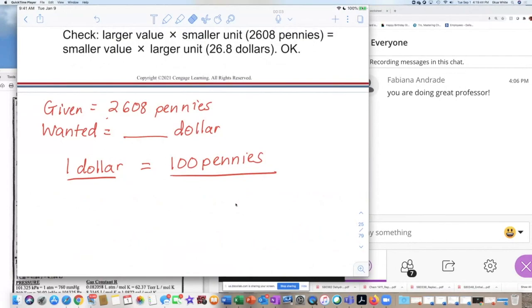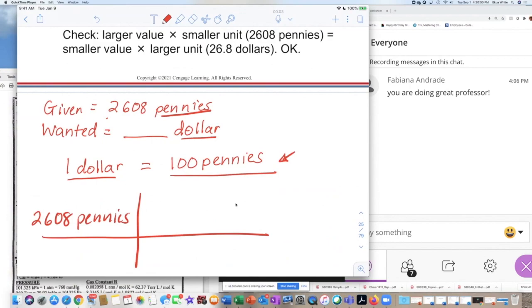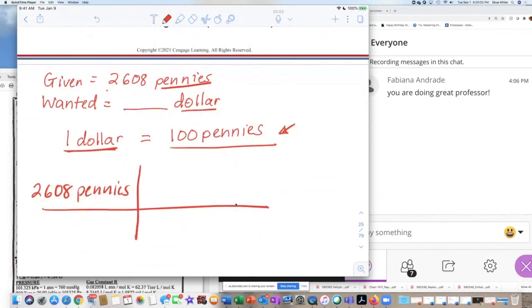So let me go ahead and erase this part right here. Okay. So once again, this is one of those intuitive conversion factors. They don't really give it to you, but they assume you know it. We're going from pennies to dollar. So I'm going to write my given number, 2608 pennies. And then my conversion factor, I have $1 equals 100 pennies. Since I have the word pennies up here, pennies must show up diagonally across.